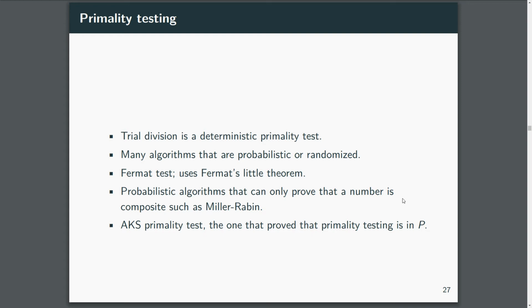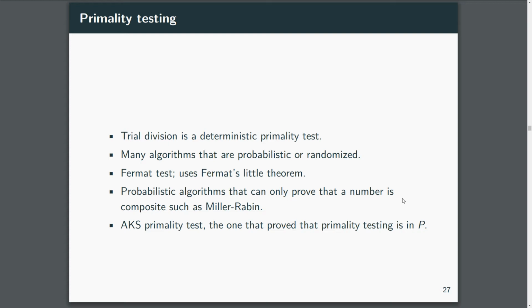We have Fermat's test, which uses Fermat's little theorem to test for primality. A very popular algorithm to use is the Miller-Rabin algorithm. It's a probabilistic algorithm which can prove that a number is composite.